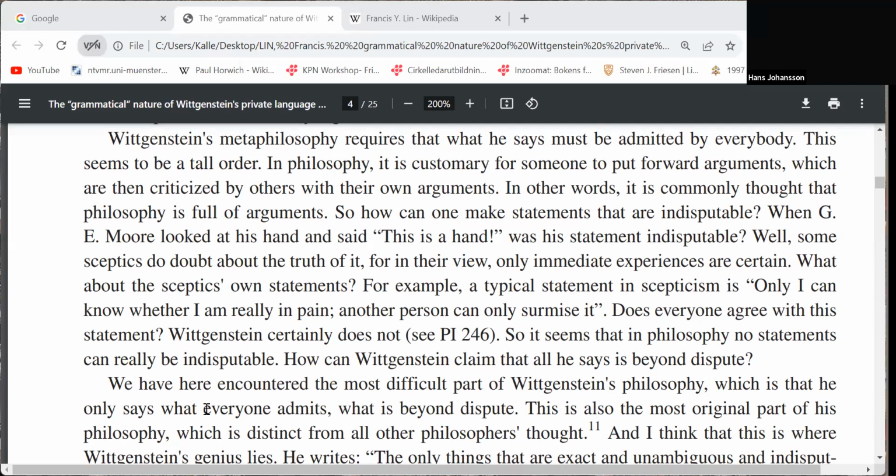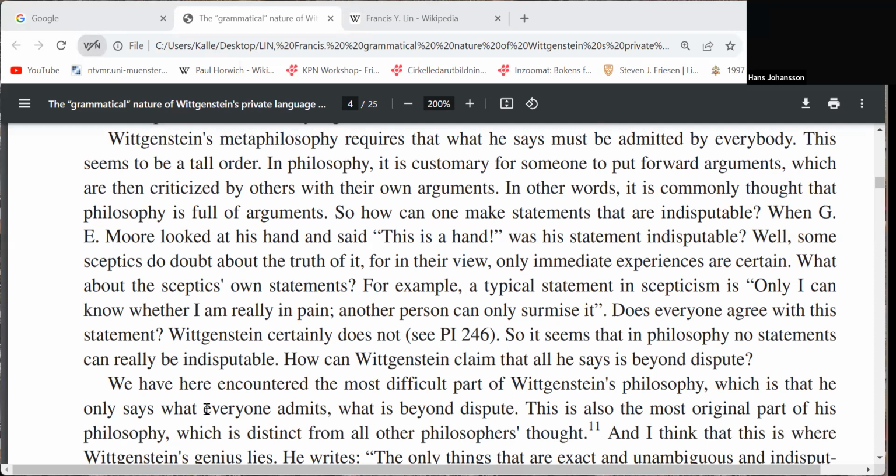When G. Moore looked at his hand and said, "This is a hand," was his statement indisputable? Well, some skeptics do doubt the truth of it. For in their view, only immediate experiences are certain. What about the skeptic's own statements? Well, fair enough.